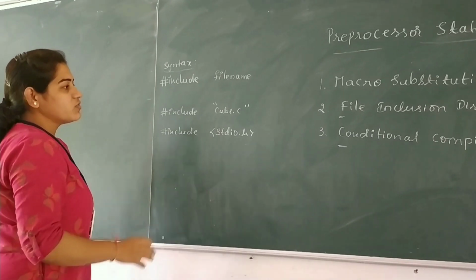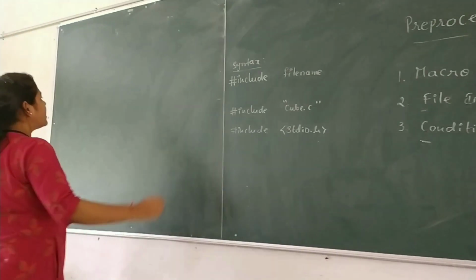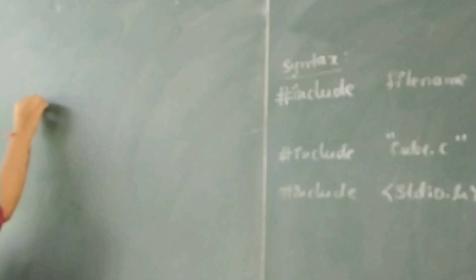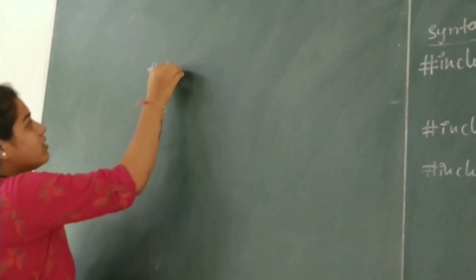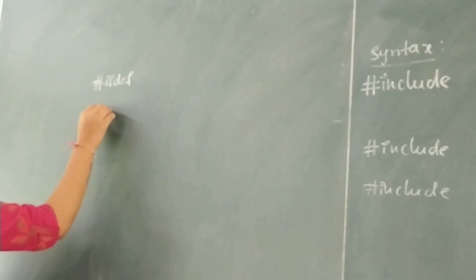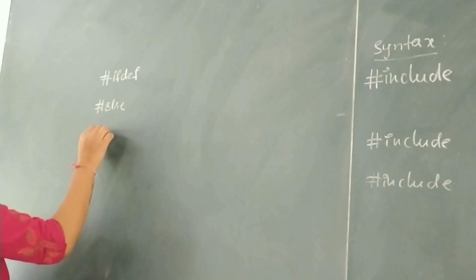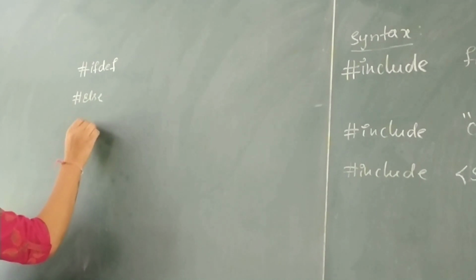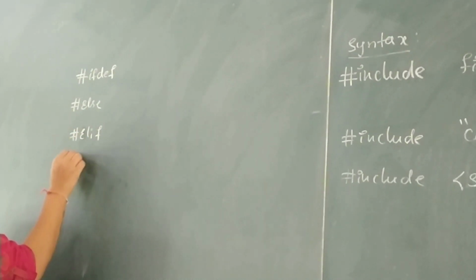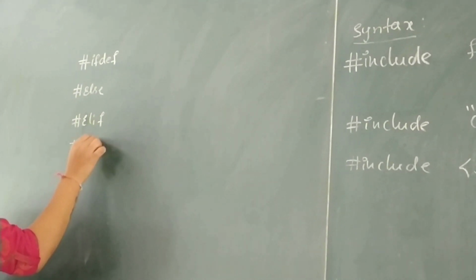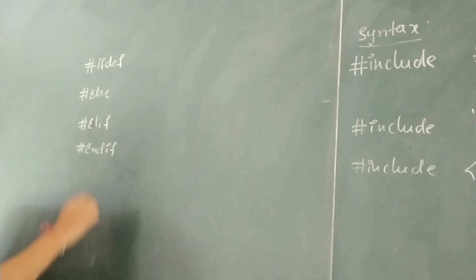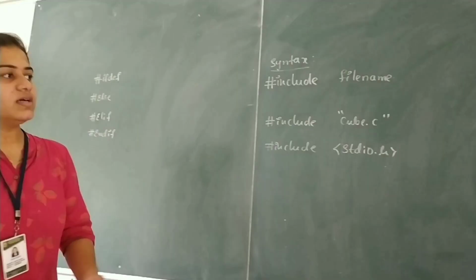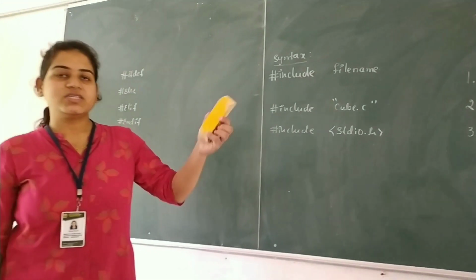The syntax of the conditional compilation directive uses hash ifdef, hash else, hash elif and hash endif. Using all these directives, we are able to use conditional compilation.